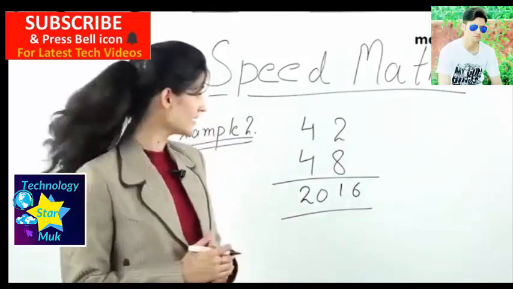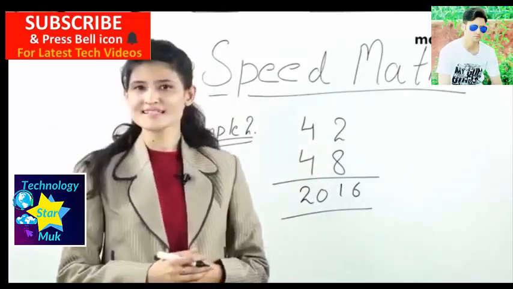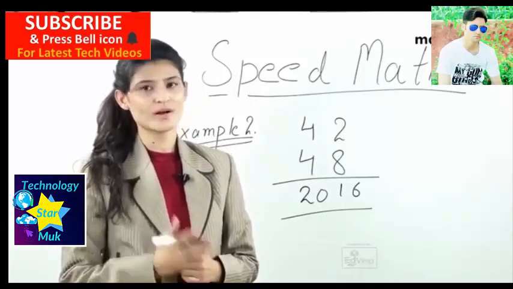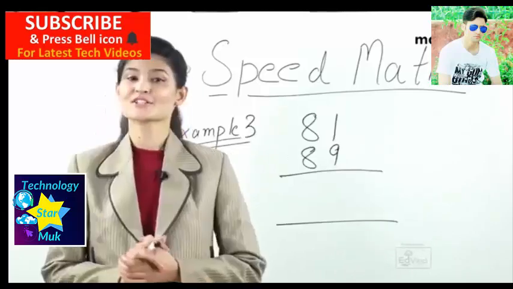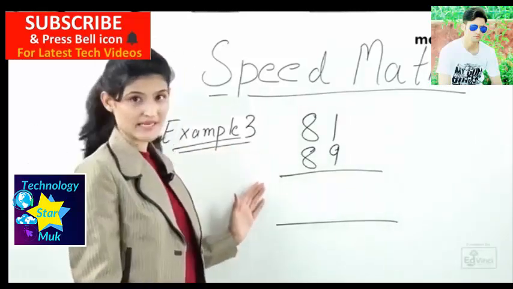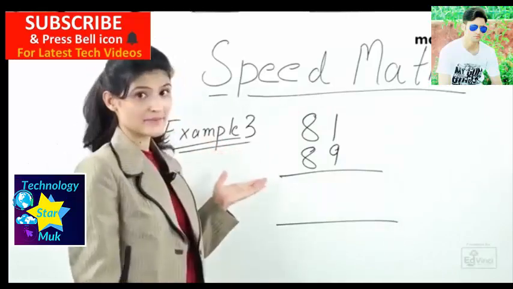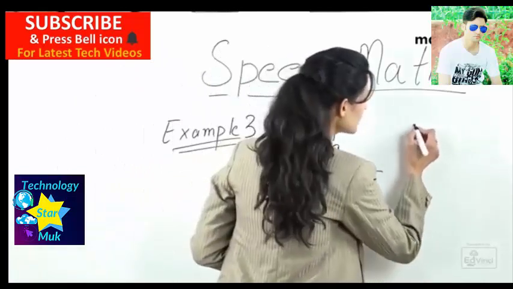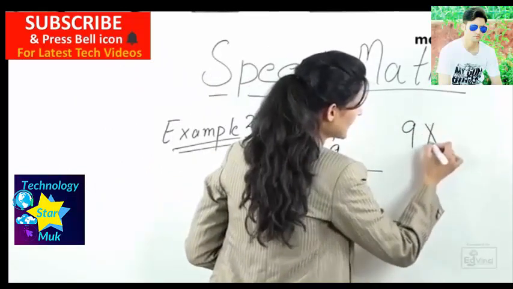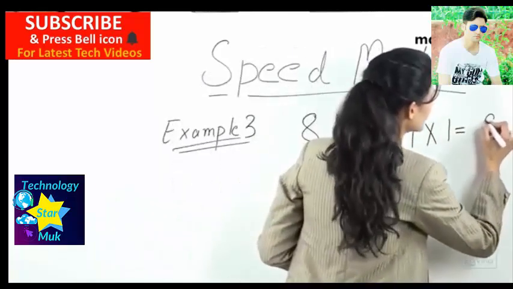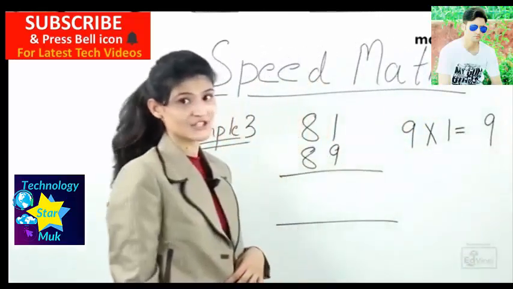But what if the product of the last digits results in a single digit? In that case, we always have to add a 0 before the single digit. So now let's move to example number 3, which is 81 into 89. Again, step number 1, multiply the unit digits. When we multiply the unit digits, 9 into 1, our answer is 9, which is a single digit answer.